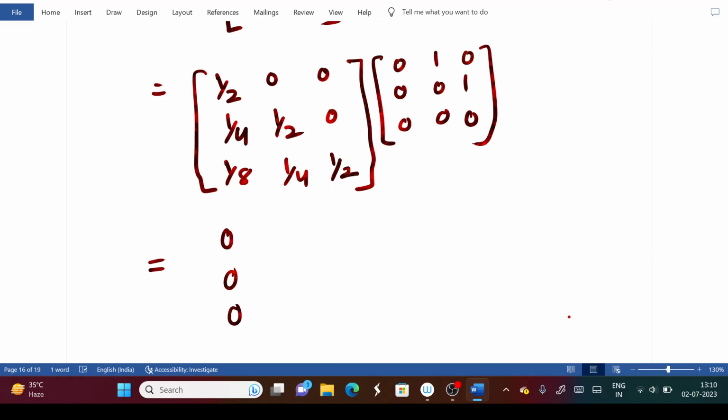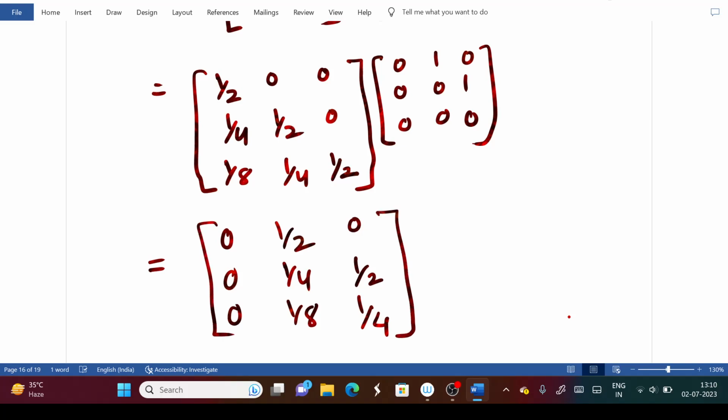Now this row into this column, half, it is 1 by 4, it is 1 by 8. Then this row, this column 0, half, it is 1 by 4. So this is the answer.